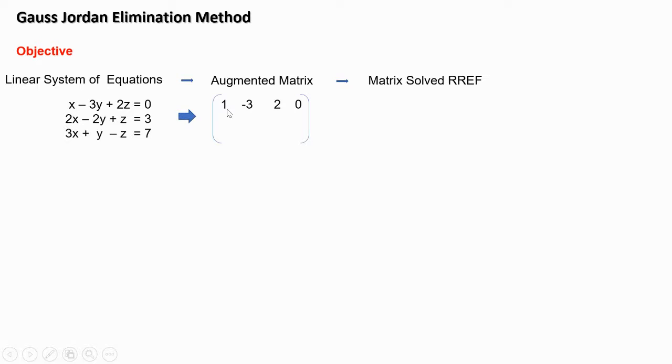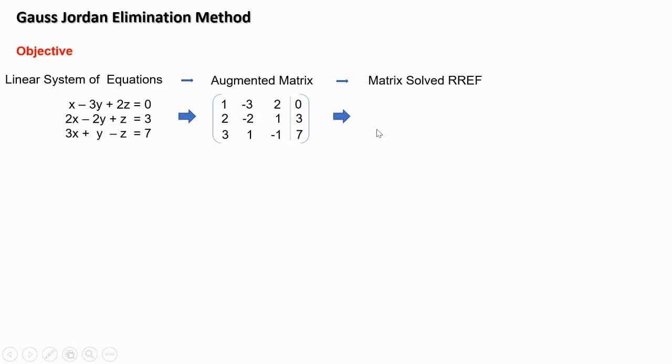So x is 1, y is -3, z is 2, and the constant over here is going to be 0. In a similar fashion for row 2, I'm going to get 2, -2, 1, and 3. And for row 3 it is going to be 3, 1, -1, 7. That means this is an augmented form.